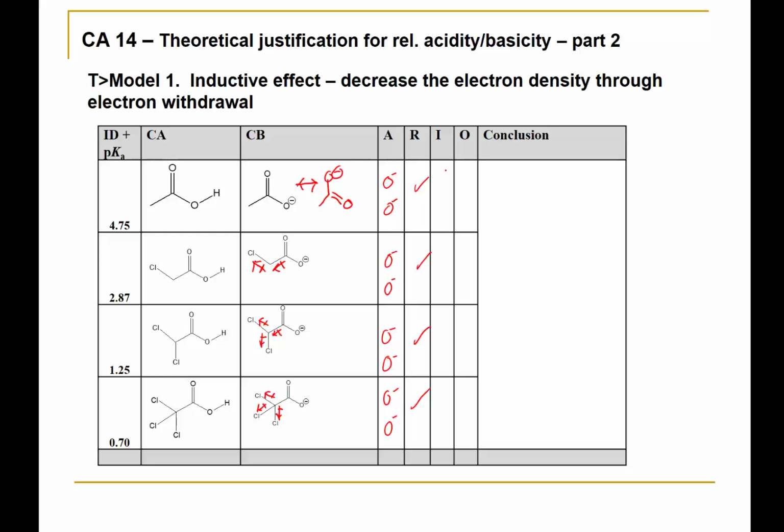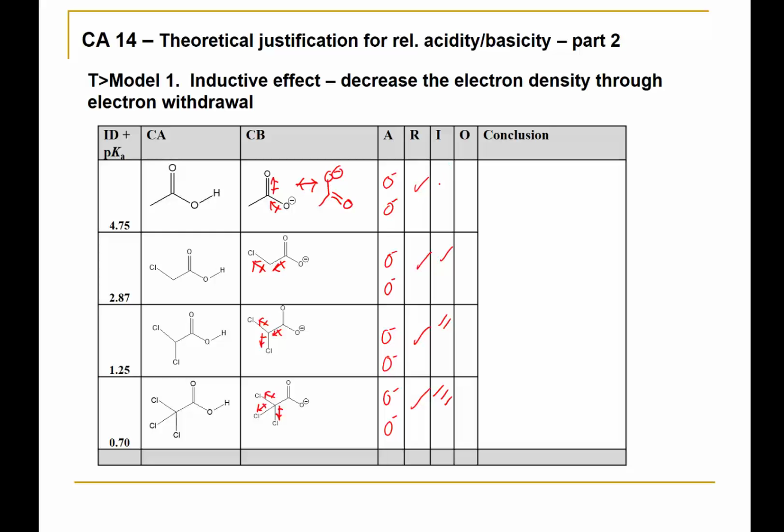One of the ways that we could show that in our chart is to show an increasing amount of stabilization by induction going down the chart. Now, perhaps you might have noticed that even the carboxylate here without the chloro group has some stabilization by induction, because in addition to the resonance, there's also the pulling of electron density along the sigma bonds.